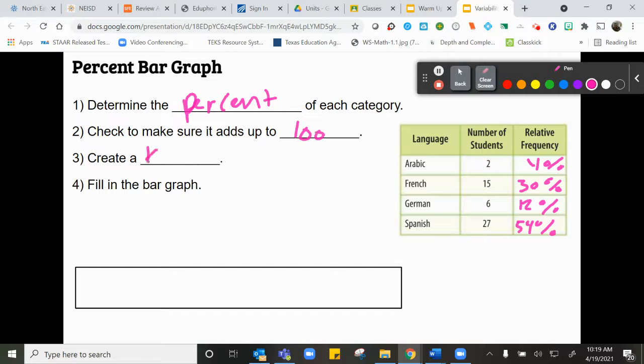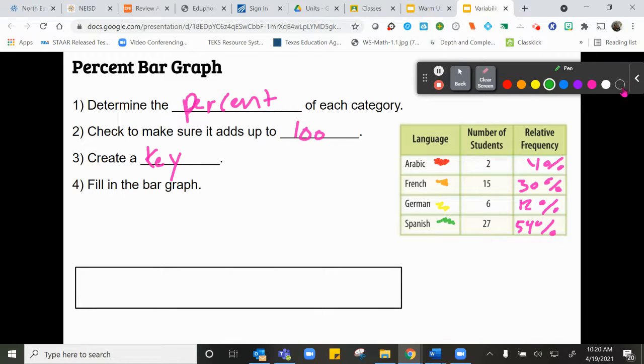Then we'll need to create a key. So what a percent bar graph looks like is we're going to fill in this graph using different colors or different shapes. Now, we have to have a key in order to read it. So if I make one, let's use red for Arabic, orange for French, yellow for German, and green for Spanish.